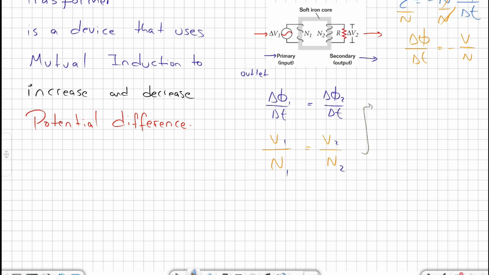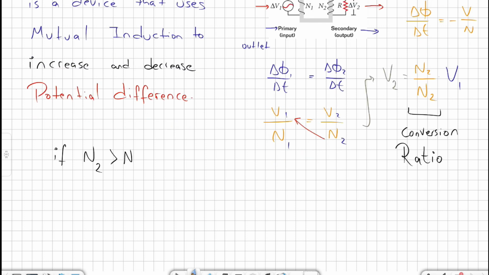Let's rearrange this equation. I will have V2 alone because that's what I'm trying to find. V2 will be equal to N2 times V1 divided by N1. N2 over N1 is called the conversion ratio. If N2 is greater than N1, then N2 over N1 will be bigger than 1. V2 is bigger than V1.